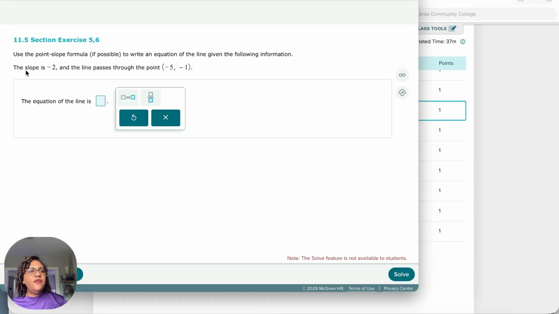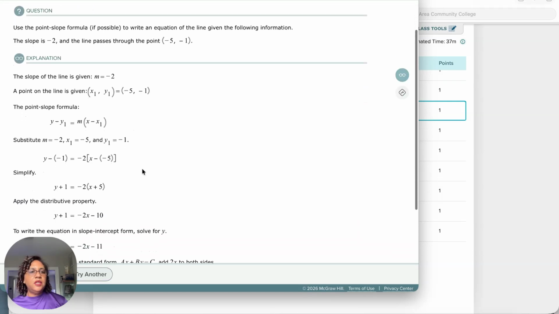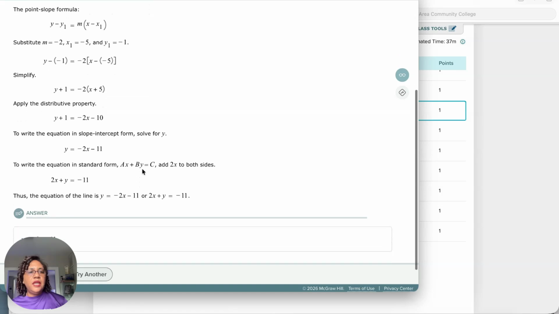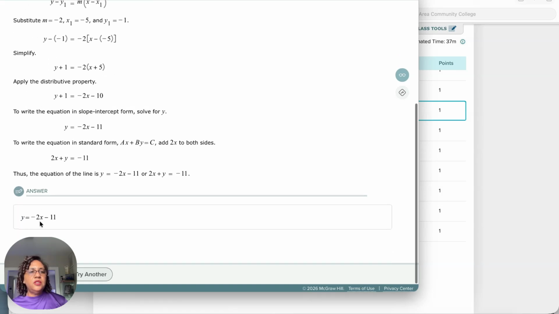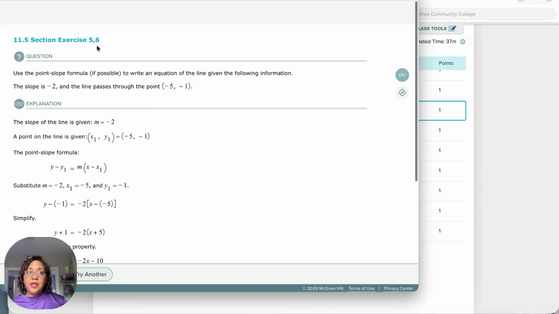And then 11-5, use the point slope formula to write an equation of a line given the following information. Just need to know the point slope form and plug the numbers in where they go. And you end up with a slope intercept form. So just go through the examples, find the topic. 11-5 is section 5 and exercise 6.